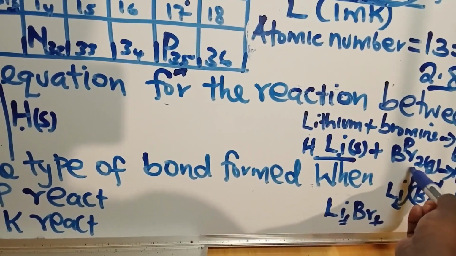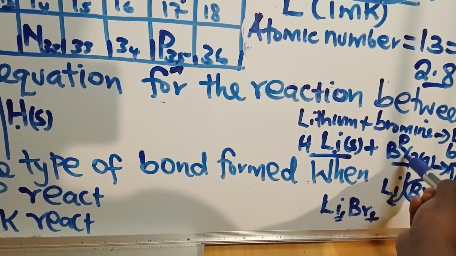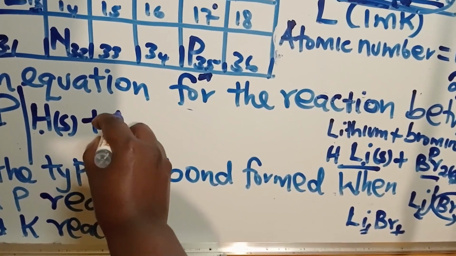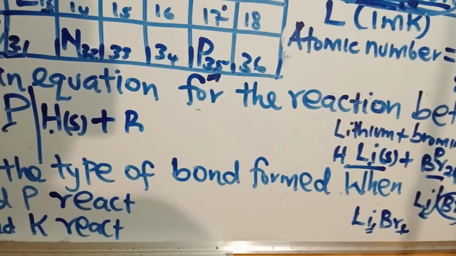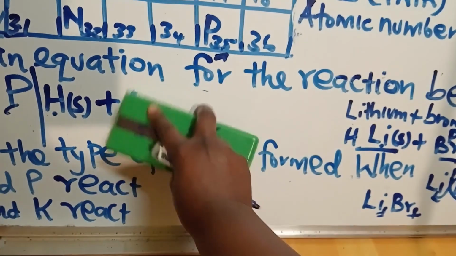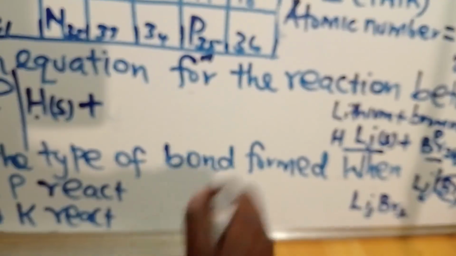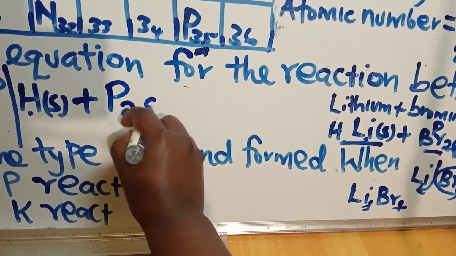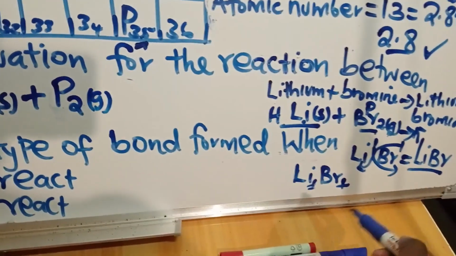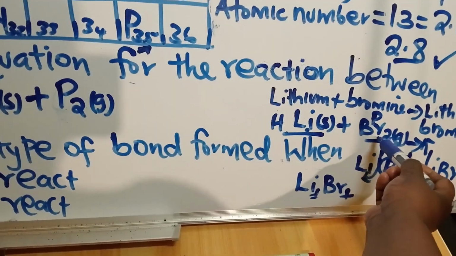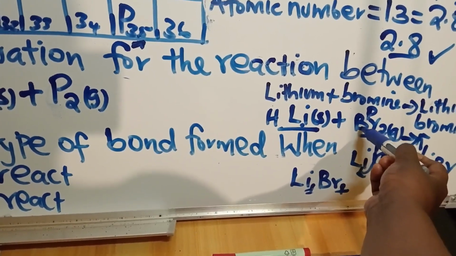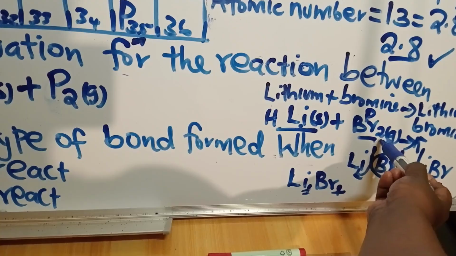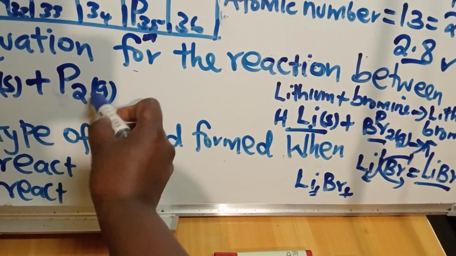Then P is for bromine. So we write P. And remember, P is a diatomic gas because P is representing bromine, Br, and it has a 2 there, so the 2 must be here also.